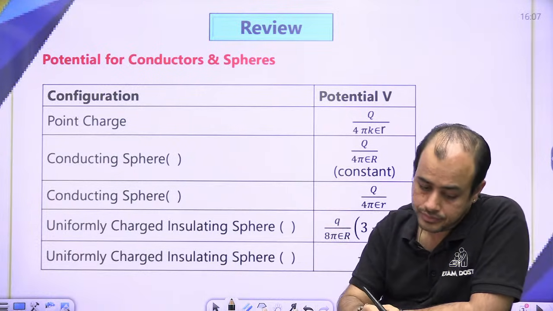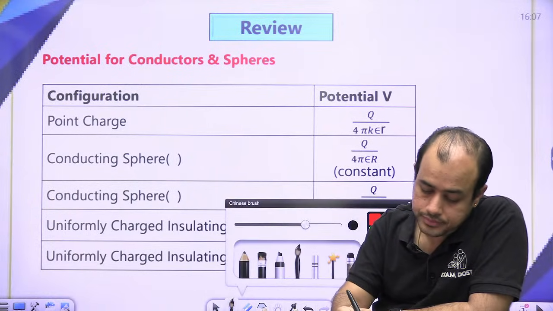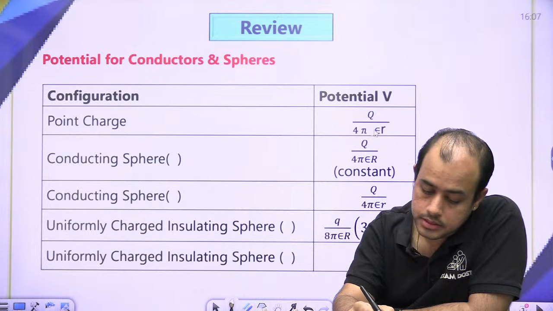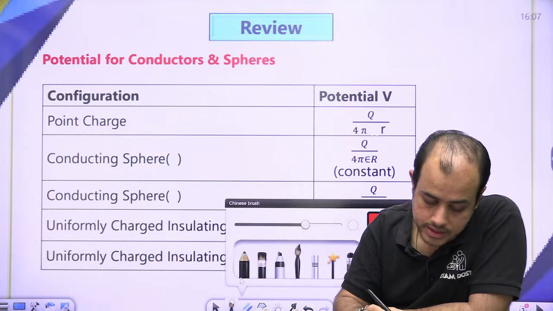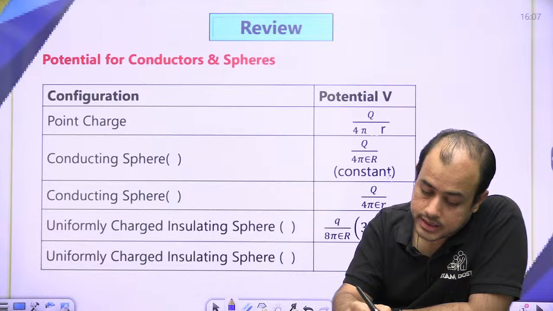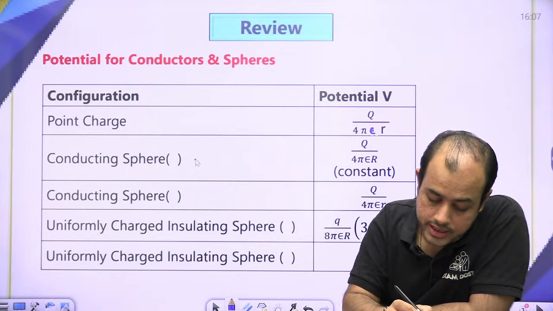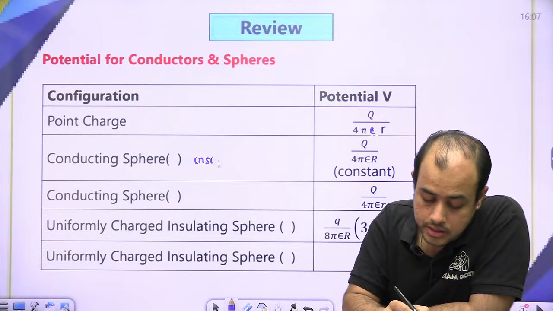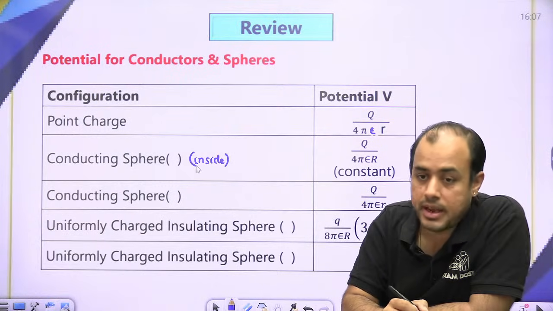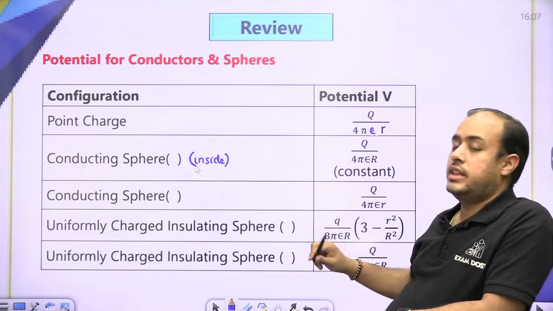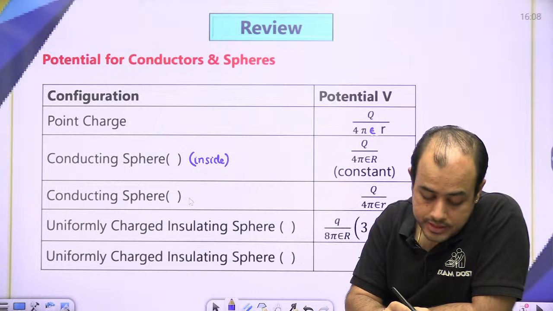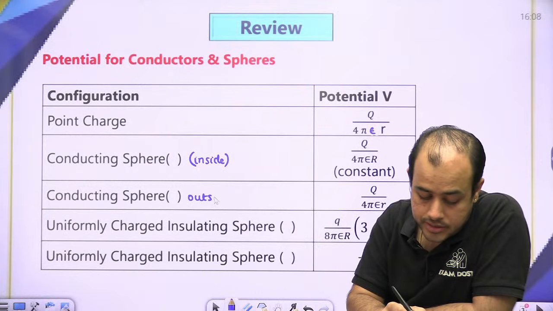Or do one thing, take 4 pi epsilon r. For a conducting sphere, if you take inside, the potential is the same as on the surface of the sphere. Outside, same as the point charge.